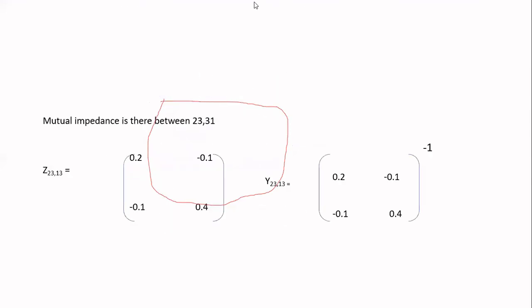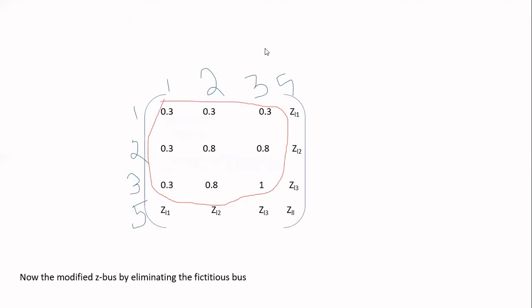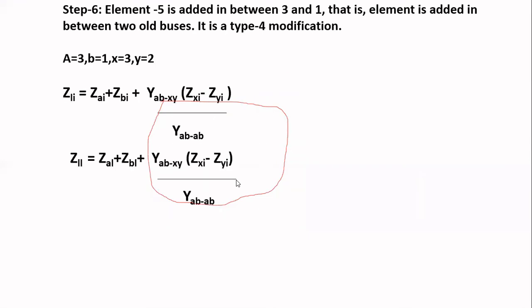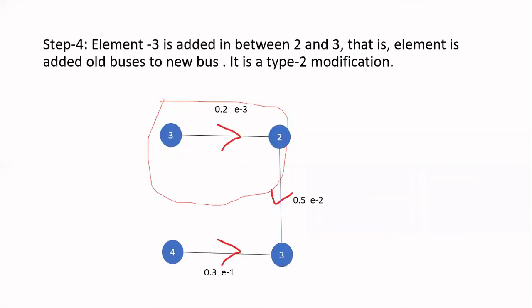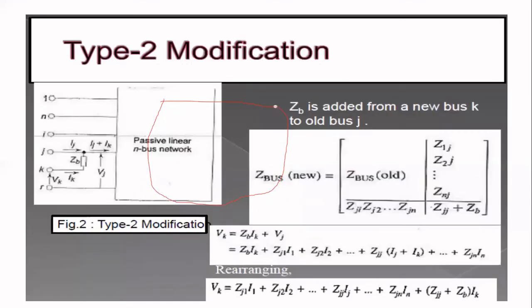Z-bus matrix. After calculating ZL1, ZL2, ZL3 and ZLL, we modify the Z-bus by eliminating the fictitious node. This node will be eliminated, and then only we obtain this value. What are the steps for the Z-bus building algorithm in the type 4 modification?